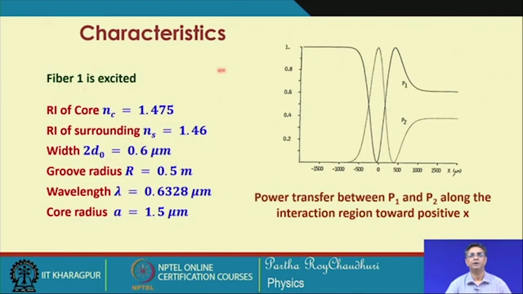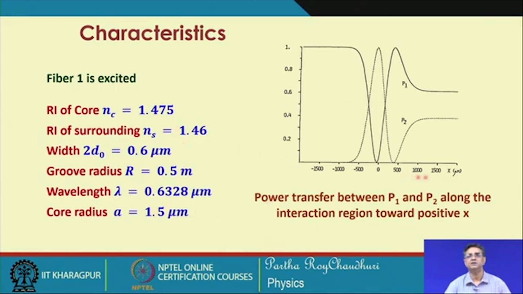So, if you have one fiber which is excited with power, with a core refractive index and this cladding, these are the typical practical values which are used. 2d0 equal to 0.6 micrometer, groove radius is about 0.5 meter, and the wavelength is the helium neon laser wavelength. Core radius of the fiber is 1.5.